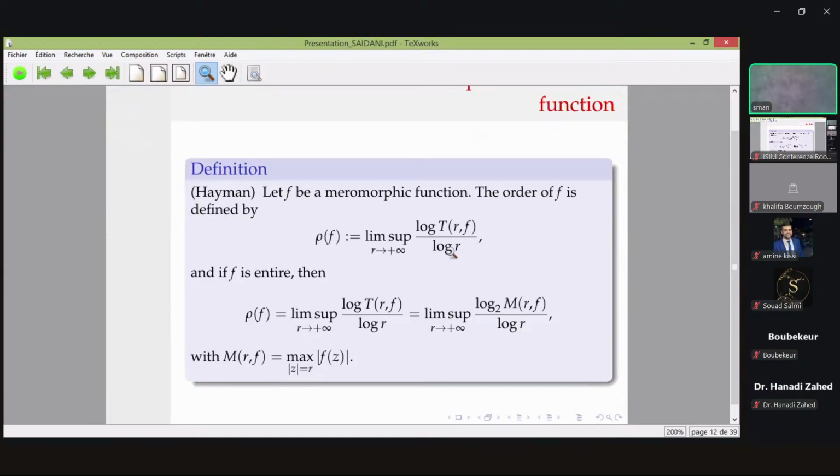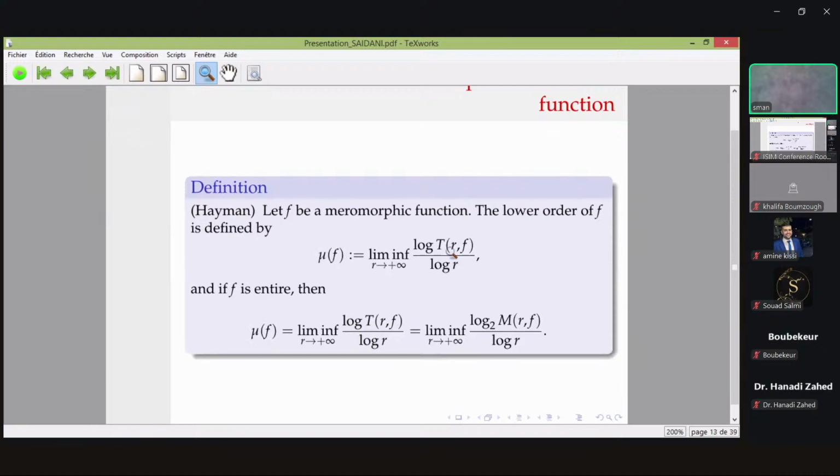We can introduce now the concept of the order of growth of a meromorphic function f by the limit superior of the logarithm of the characteristic function of f divided by the logarithm of r. And in this talk, we also use the definition of the lower order of a meromorphic function by the first limit, and of an entire function by the second limit.